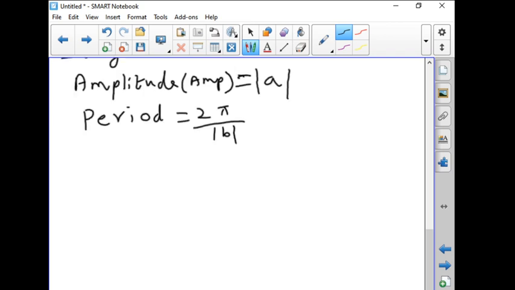Okay, remember this. Amplitude is equal to mod a, period is equal to 2 pi by mod b when y is equal to a sin bx.